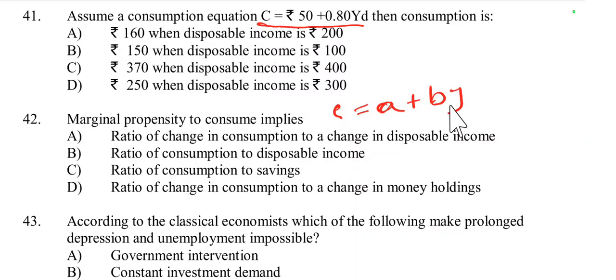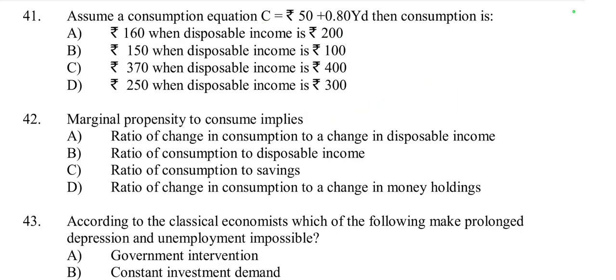So we put the value of disposable income in YD. First, 50 plus 0.80 into 200, we check whether its answer is 160 or not. Then when we put the value of 100 in YD, is its consumption 150 or not? Then 400: if we put disposable income as 400, is consumption 370 or not? So we have to check one by one.